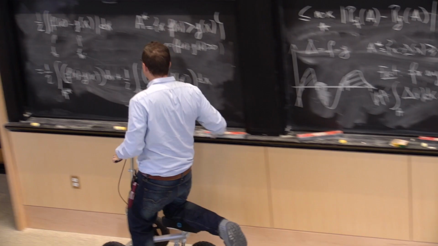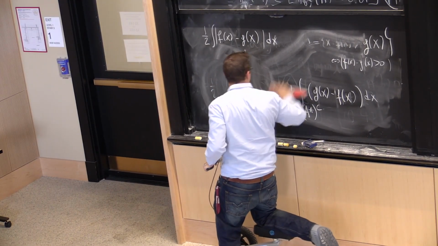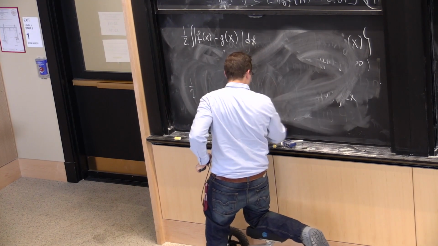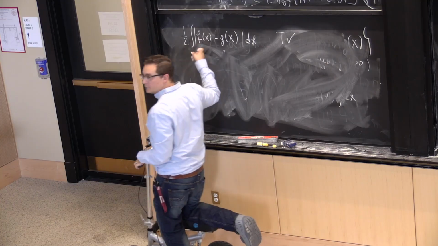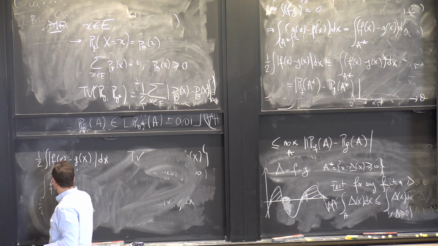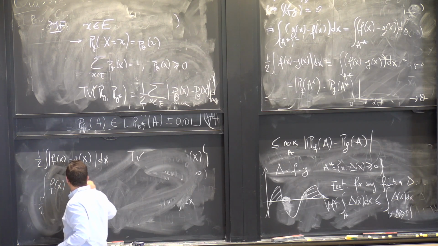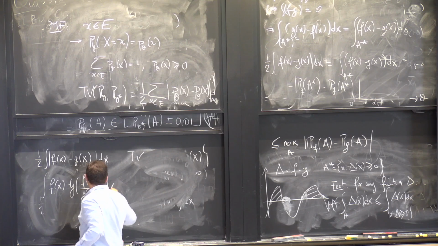So this was what we had. That's the TV. And the KL, if I use the same notation, f and g, is the integral of f of x log of f of x over g of x dx.